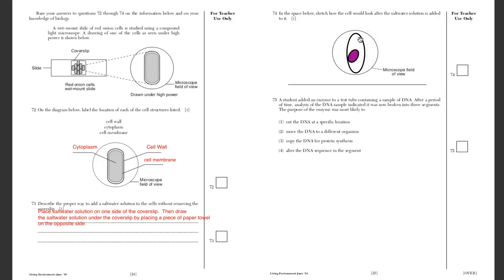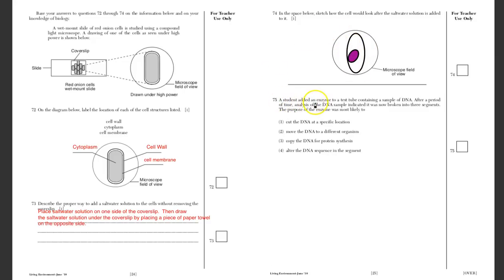This will get you the point. And then the cell wall stayed intact, and the cell membrane and cytoplasm shrank, because when you put salt water in, the salt diffuses in from high concentration to low concentration, and the water that was in here comes out. Okay, moving on.